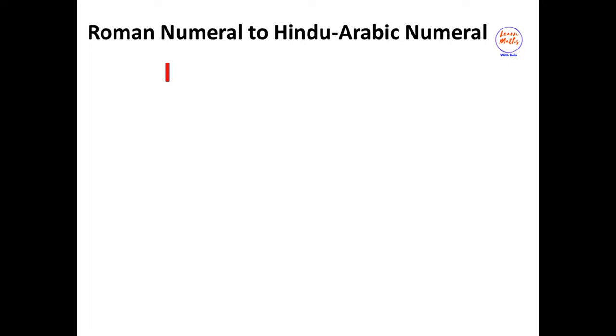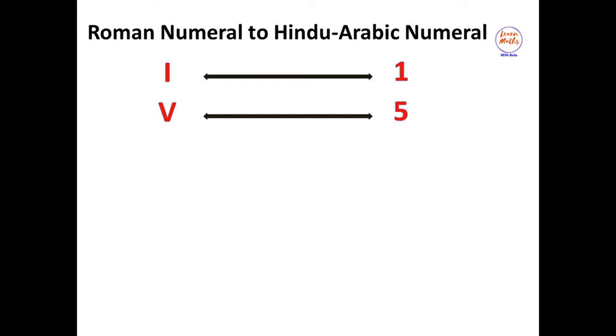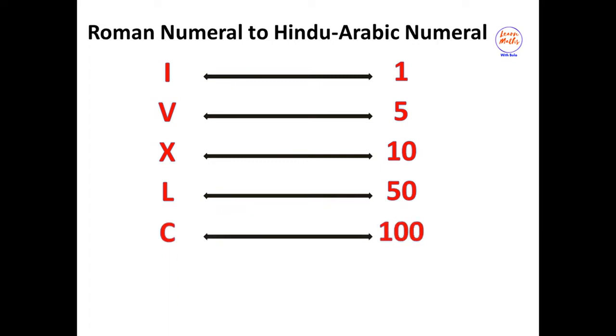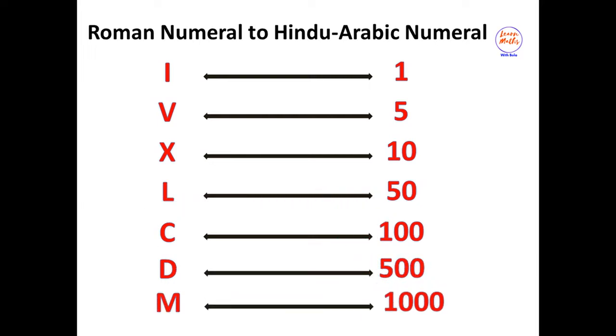I in Roman numeral represents 1, while V is 5, letter X is 10, L is 50, C is 100, D is 500, and M is 1000.